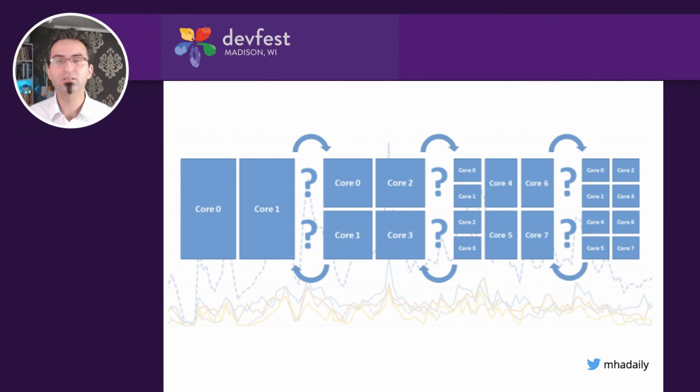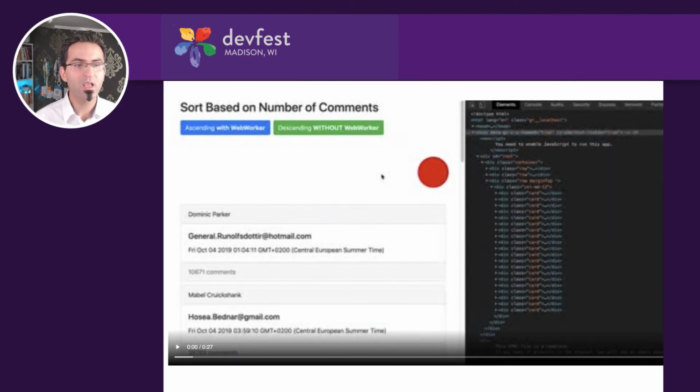Also, in some phones, the third or fourth cores might even be slower. We're not going to talk about the details of these cores, but the point here is that it could even be faster. However, we want to run in a different thread not because it's faster, but because it's more reliable. It makes my application more usable. So let me give you an example here.